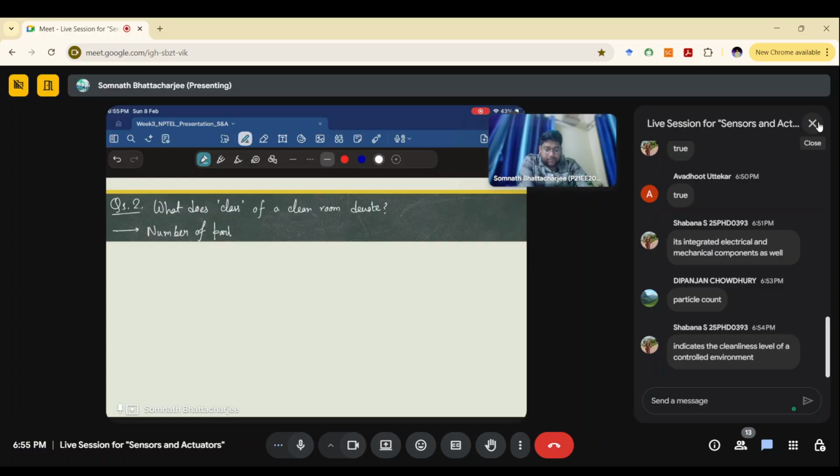Number of particles per cubic meter of air, yes, sir, or per cubic feet. So based on the area you have, in a cubic foot, what is the allowed number of particles inside the facility or clean room? That is the particle count, per cubic feet or per cubic meter. Based on these, there are ISO levels and classes. Now let's move on to the next one. Question number three.